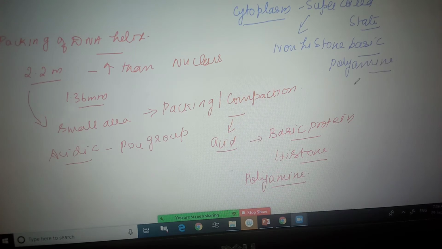This compact structure, the DNA with non-histone protein, is called a nucleoid. This nucleoid is otherwise called a genophore.